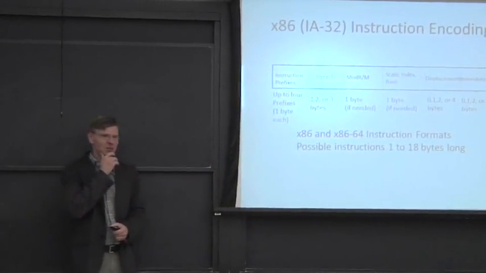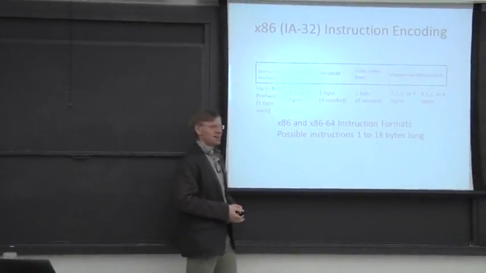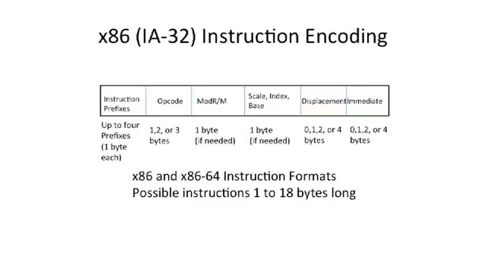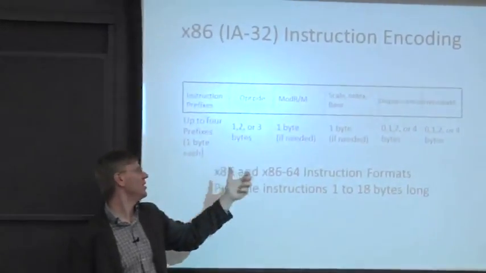So just to show something complex of how you end up with 1 to 18 bytes. Here we have x86's instruction set, and fundamentally you need an opcode, a byte worth of opcode. But some instructions might have between 1 and 3 bytes here.